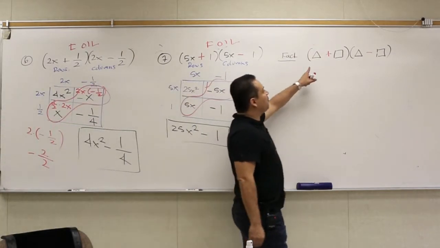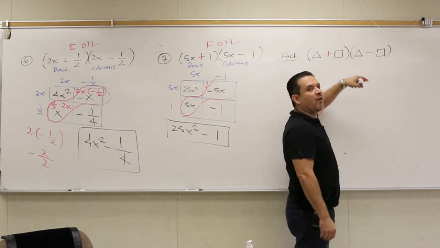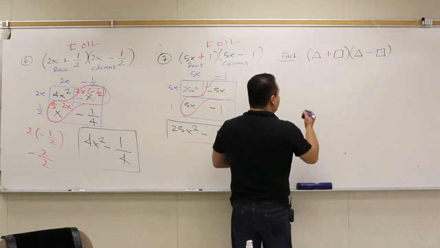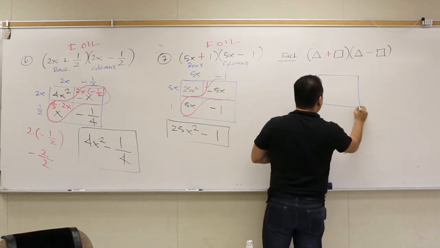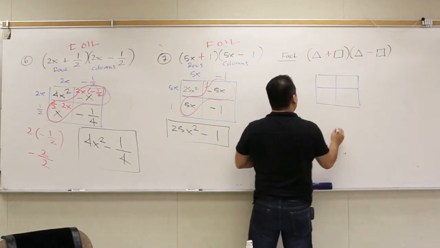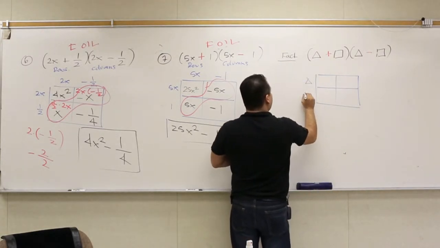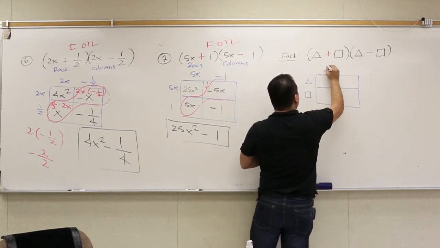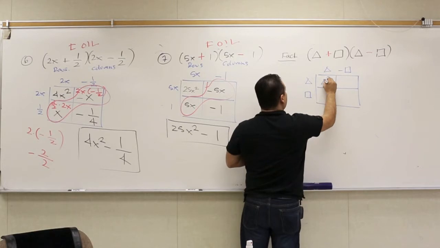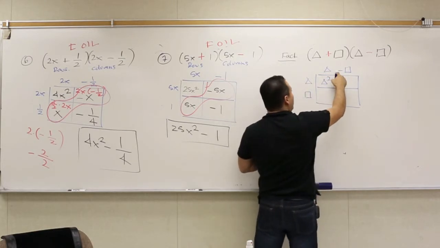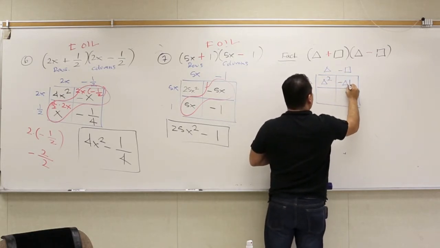You got the same first terms called a triangle, same last terms called a square. If I bring out my FOIL box, I can prove this concept in general: triangle times triangle is triangle squared. Triangle times minus square is minus triangle square.